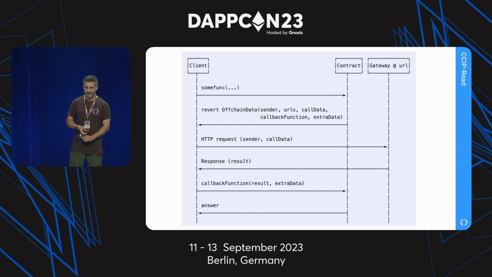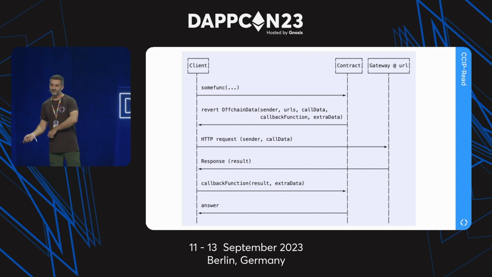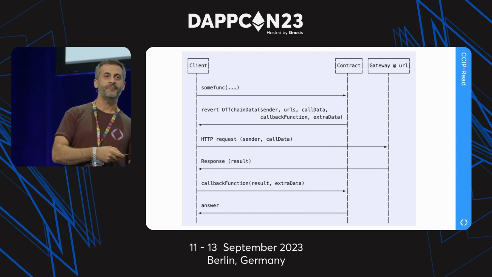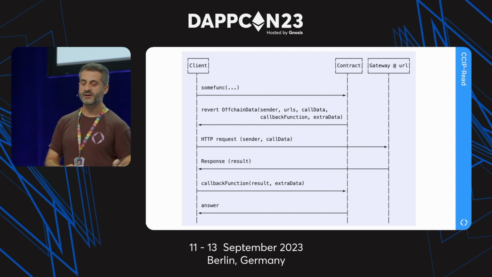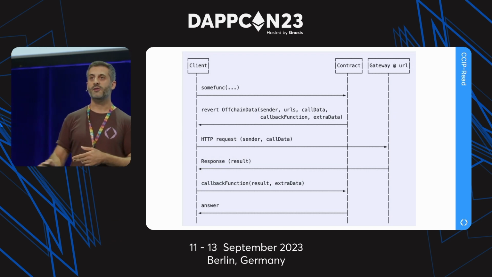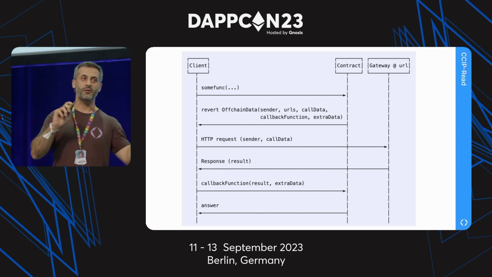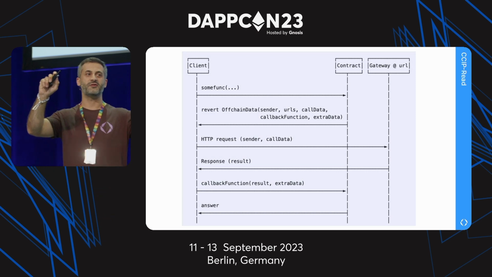Put into a sentence: you are asking the contract, do you have this information? And the contract says, I don't have this information, but I have information about where you can find it. It sends this off-chain lookup error to the client, and the client understands that, gets the URL, and asks the gateway, okay, I need this information. The contract told me that you have it.